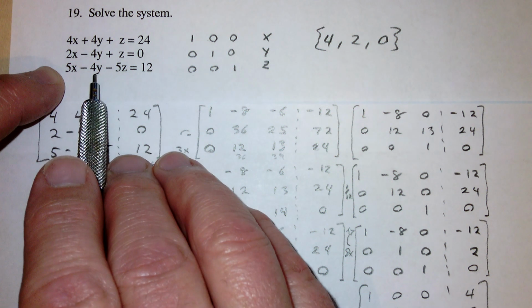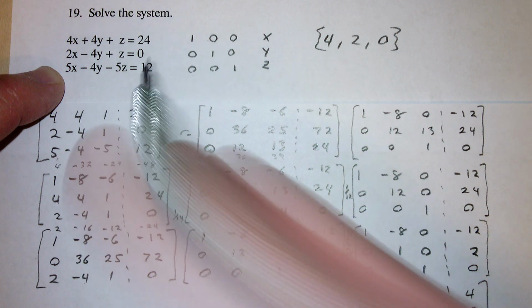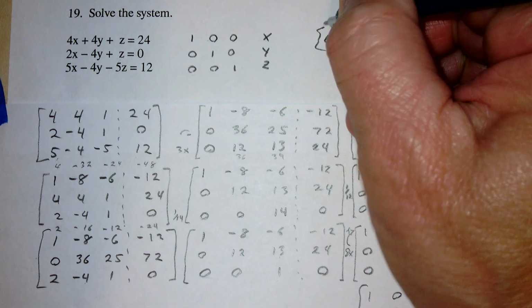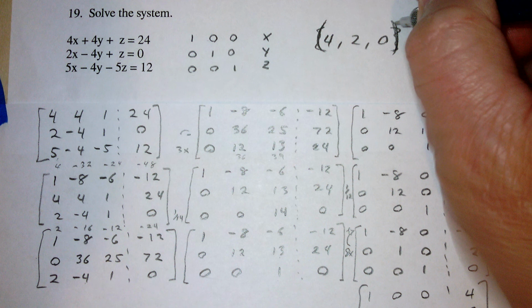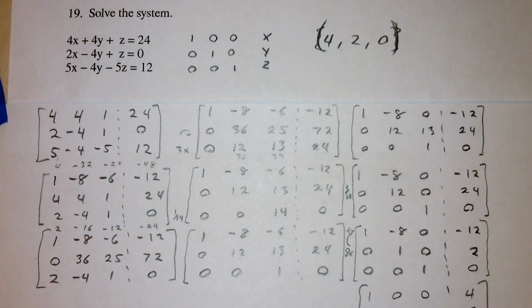Minus 8. 20 minus 8 is 12. Remember, z is 0. So this works. Really want to make those regular parentheses. This is essentially a 3-dimensional coordinate point. Okay, and that's how you do this Gauss-Jordan.